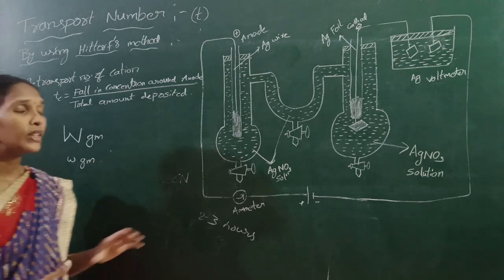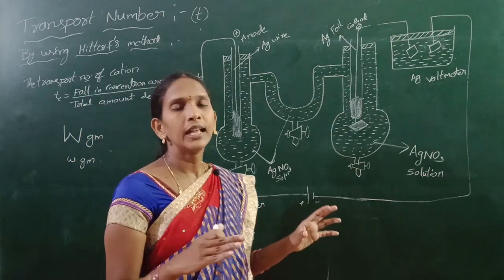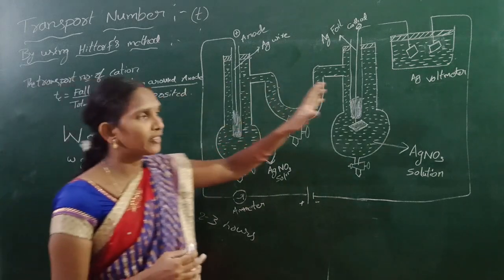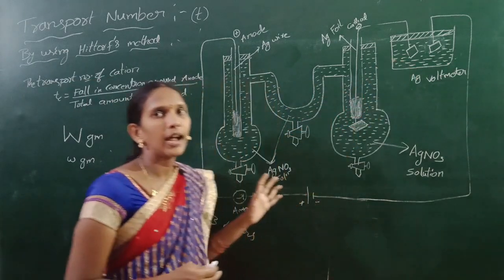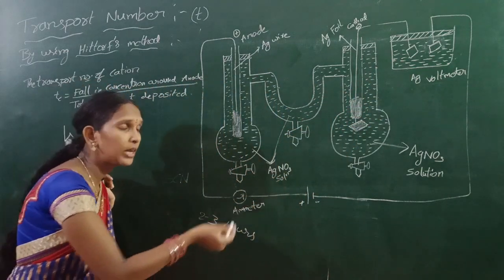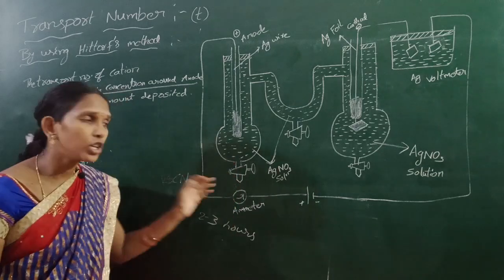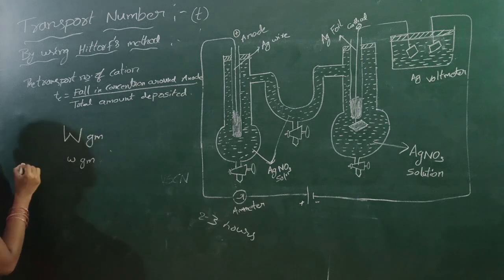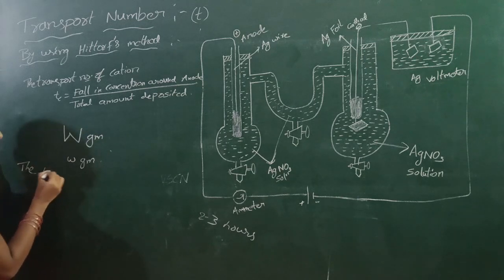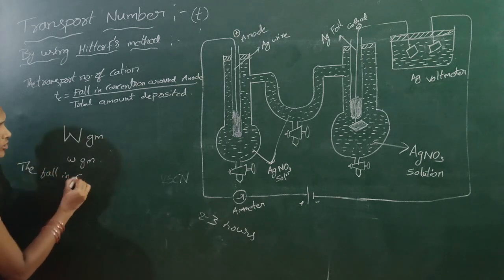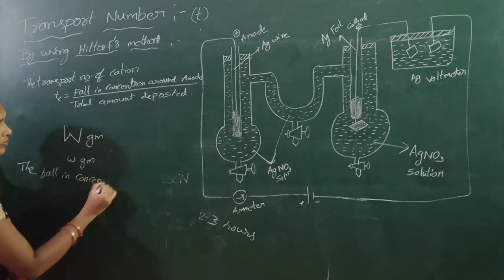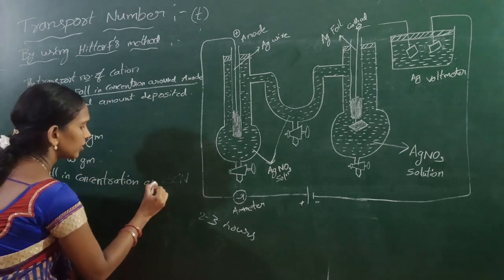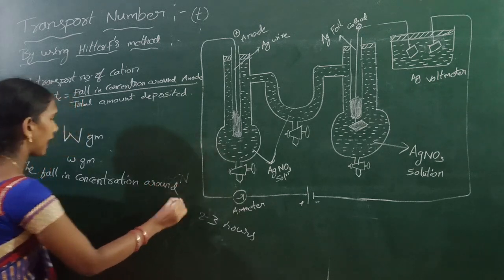grams. The difference between the amount of silver deposited in the voltmeter and the amount of silver present in the AgNO3 solution after electrolysis, that means the fall in concentration around the anode.